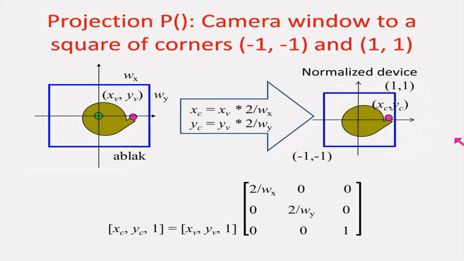The second transformation is the projection and is usually denoted by P. It is a scaling that modifies the window width and height to 2. Projection transformation scales by 2 divided by the width in direction x and 2 divided by the height in direction y. So at the end of the scaling, indeed, the edge size of the square will be 2.